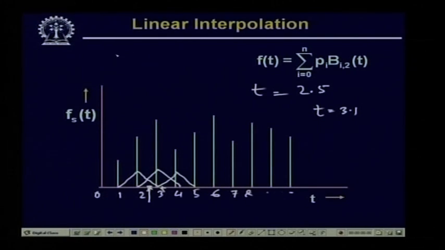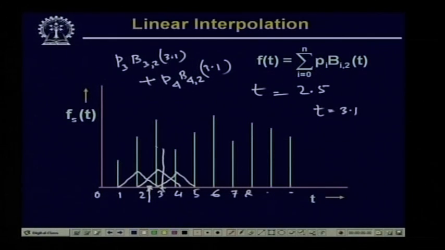So, this will be nothing but P 3 into B 32 at point t equal to 3.1, plus, you can easily find out, it will be P 4 into B 42 again at point 3.1. So, I want to interpolate this value here.